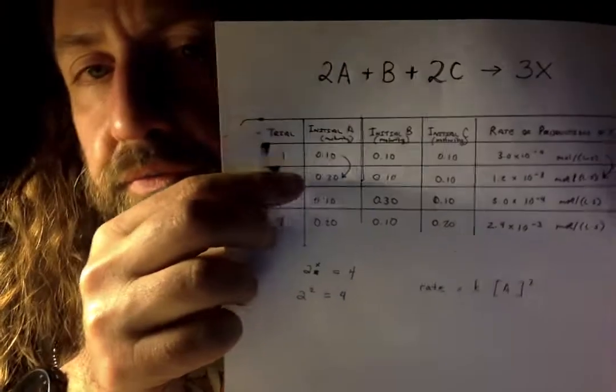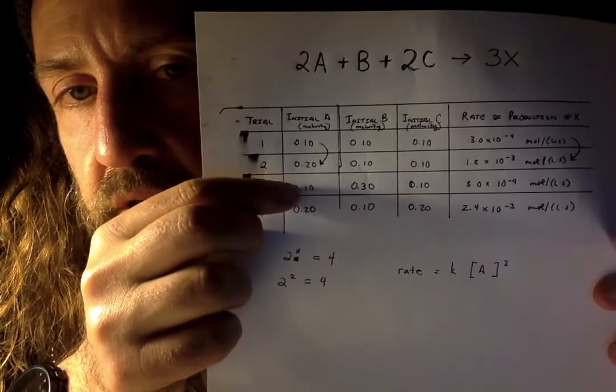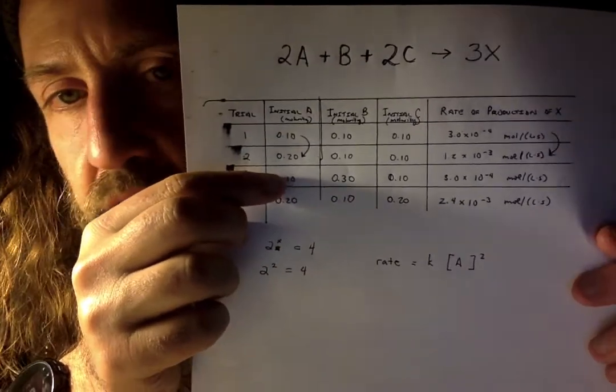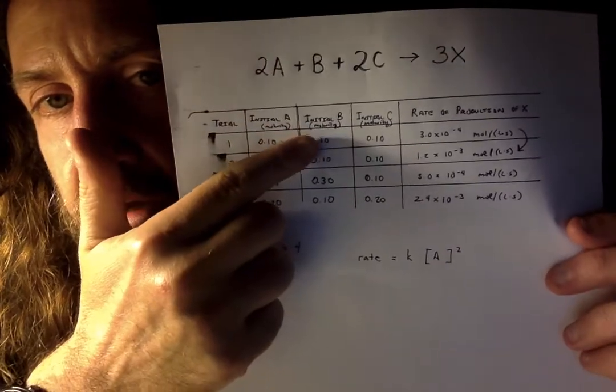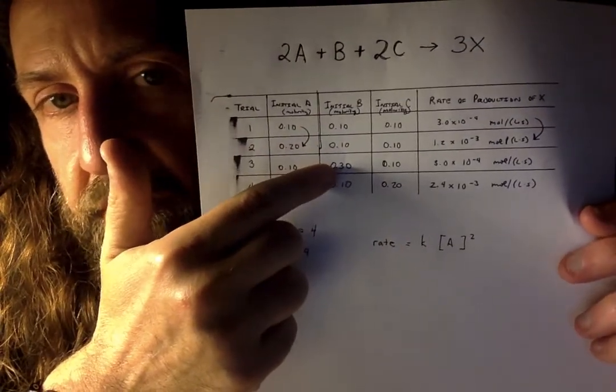So I look at 1 and 3, which look pretty good, okay? Because when you look at 1, A is 0.1 and in 3, A is 0.1, so that's good. B goes from 0.1 to 0.3, that makes it go 3 times.